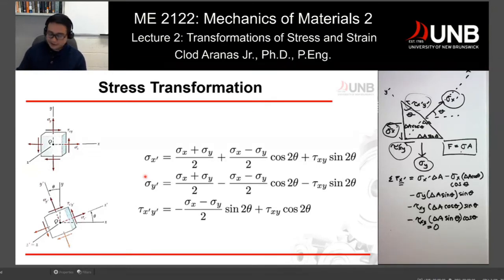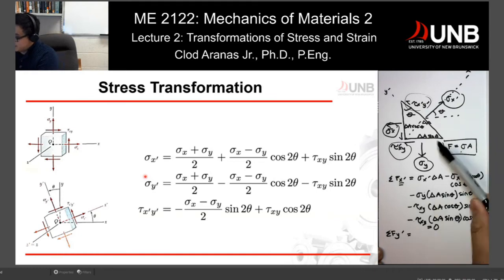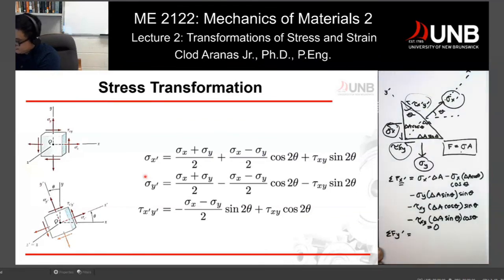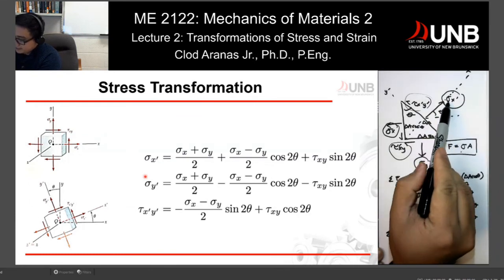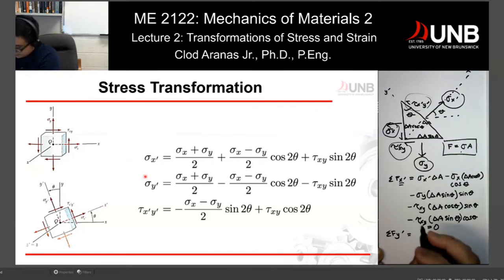How about the second equation? The second equation is the summation of forces along our y prime axis, which is this rotated axis here. So that would be your y prime. Now we start with x again, the contribution of sigma x, sigma y, and everything, and this would be the following.